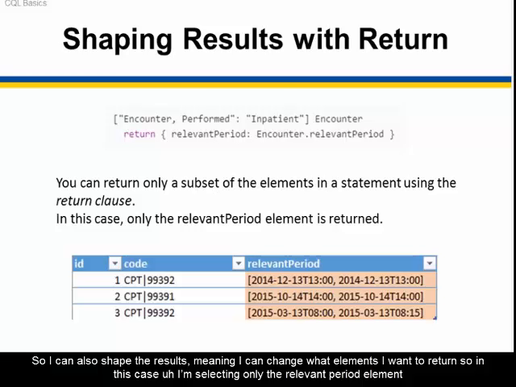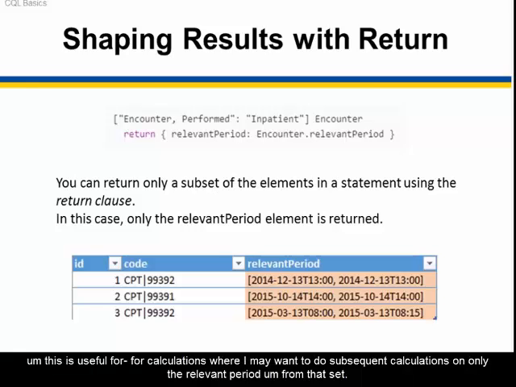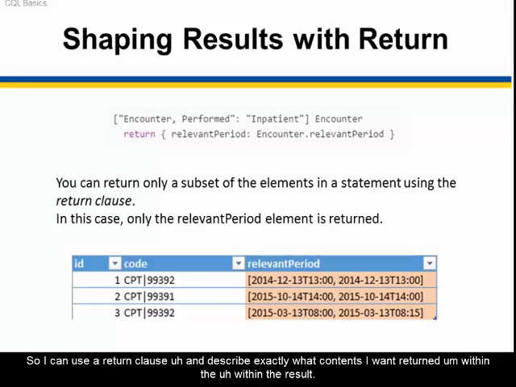So in this case, I'm selecting only the relevant period element. This is useful for calculations where I may want to do subsequent calculations on only the relevant period from that set. So I can use a return clause and describe exactly what contents I want returned within the result.